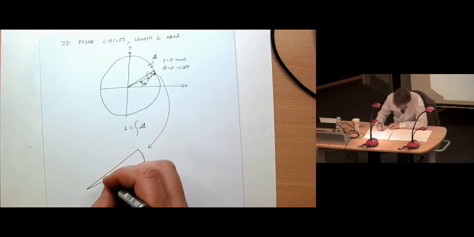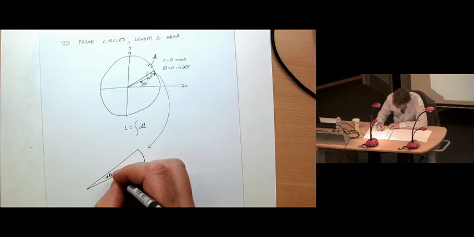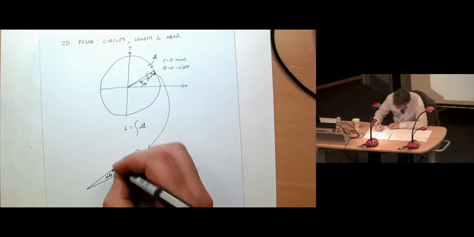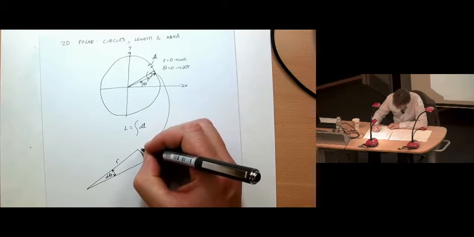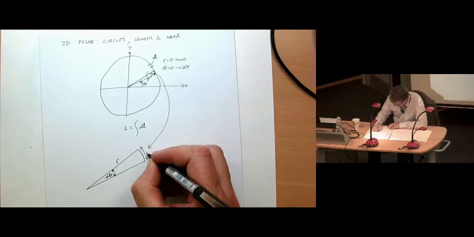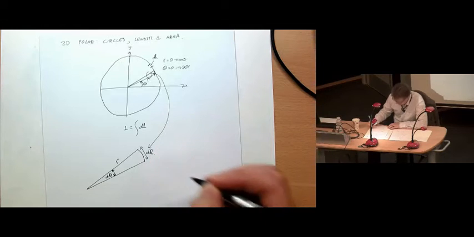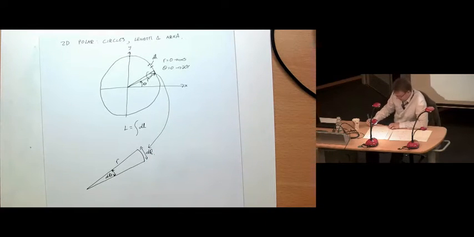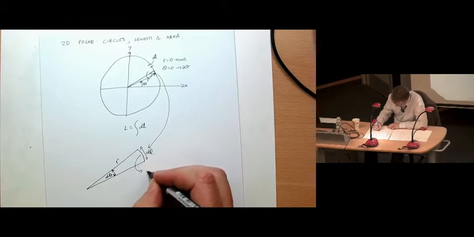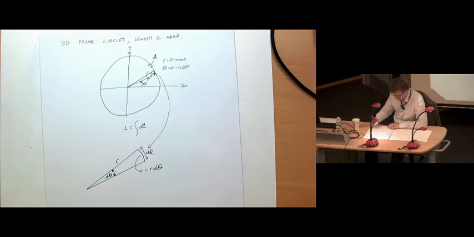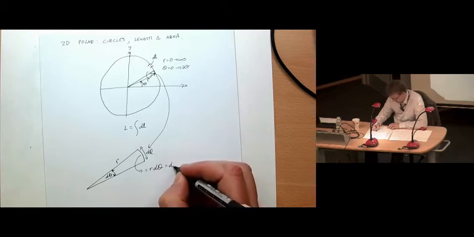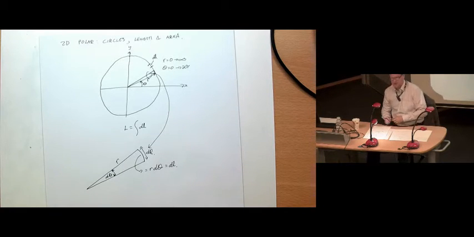I've got some angle, d theta, a distance r, and this length here is my dl. But if this angle is small, I can use the small angle approximation, and this length should equal r d theta. So r d theta should equal dl.